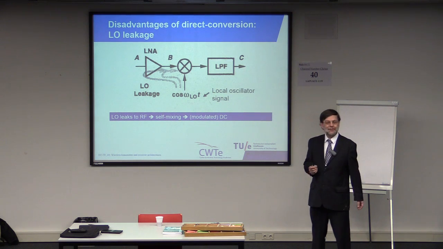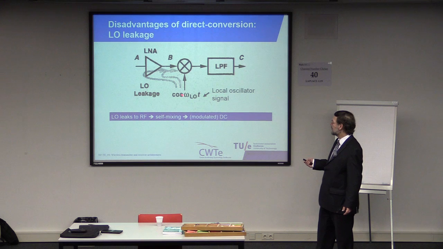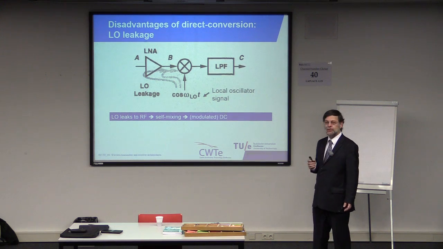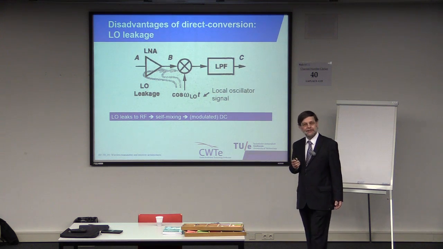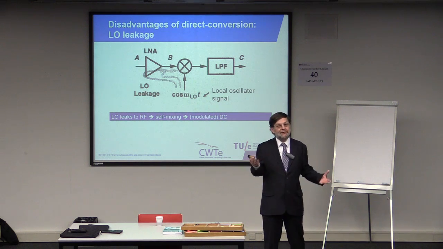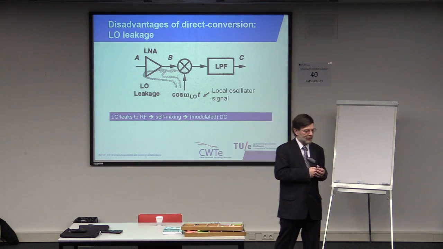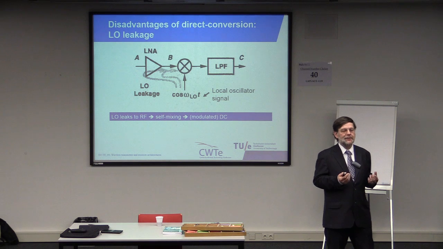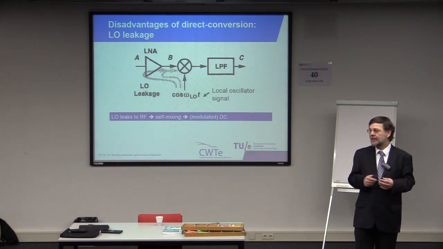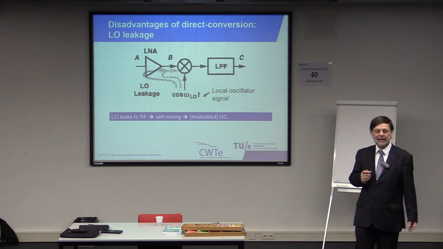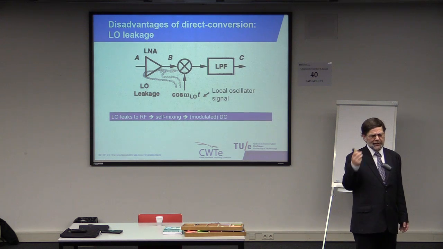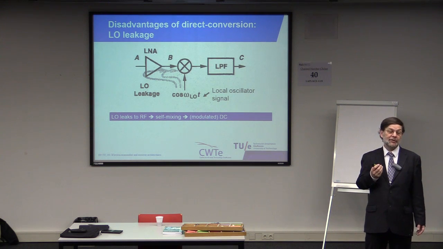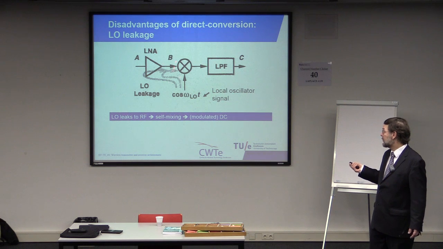Another problem of 0 IF. You now have a local oscillator signal that's at the same frequency as your antenna signal, by definition, right? Because we want to shift to 0. So we have a 10 gigahertz antenna signal at, let's say, 1 picowatt, and we have a 10 gigahertz oscillator signal, but at a higher level because we need to drive this mixer.